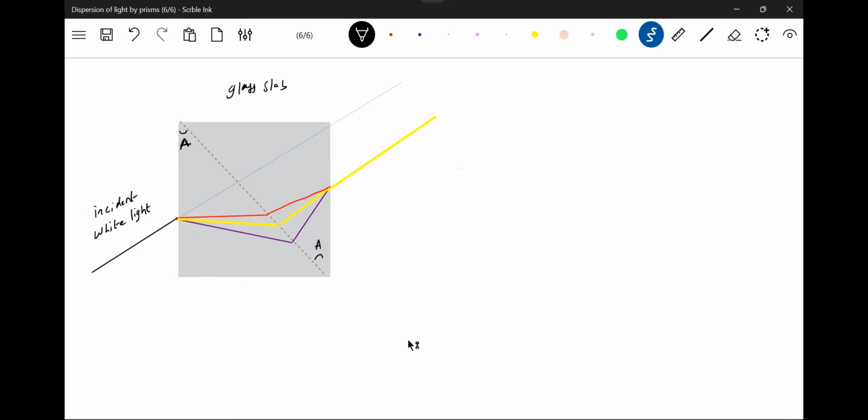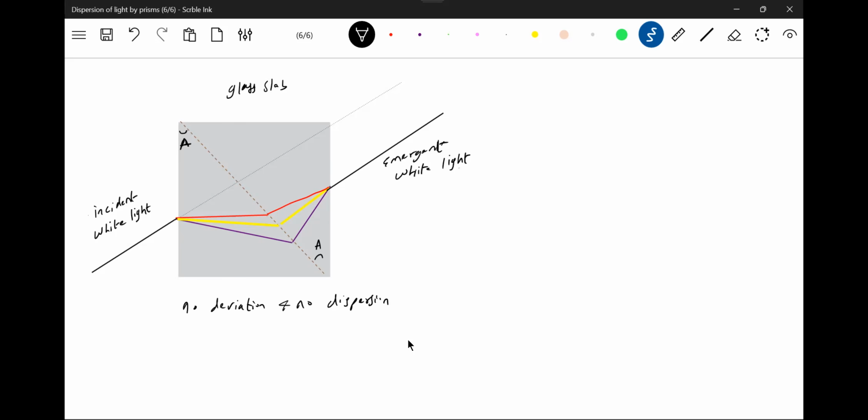Emergent. It should be black only. Yeah, this is the emergent white light. Incident white light, and there's a glass slab. So when a white light is incident on a glass slab, no deviation, no dispersion.